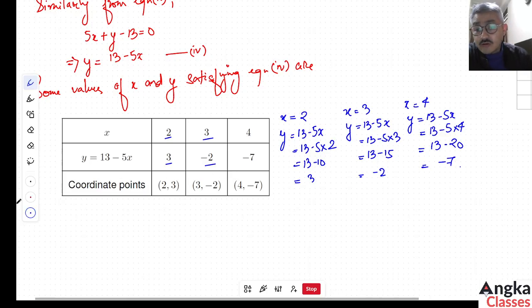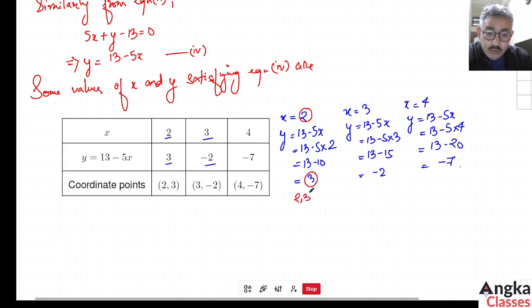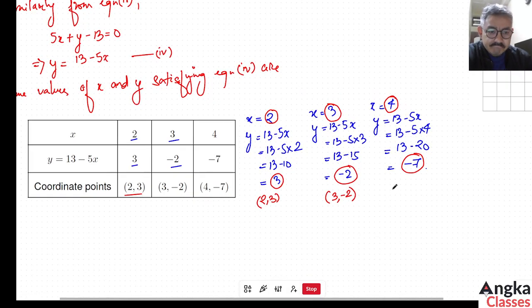So when x is 2, y is 3, so there is a coordinate 2, 3. Similarly, when x is 3, y is minus 2, the next coordinate is 3, minus 2. Then when x is equal to 4, y is minus 7, the next coordinate is 4, minus 7.